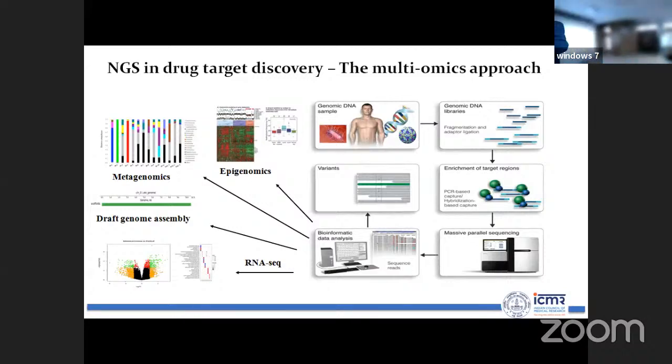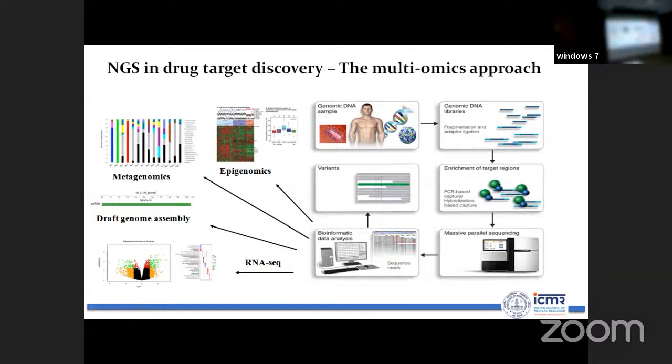Metagenomics is an approach where you can detect any organism present in your sample. NGS can help in that. You can identify various genera and species present in any kind of sample, like swab, urine, stool, blood, anything.